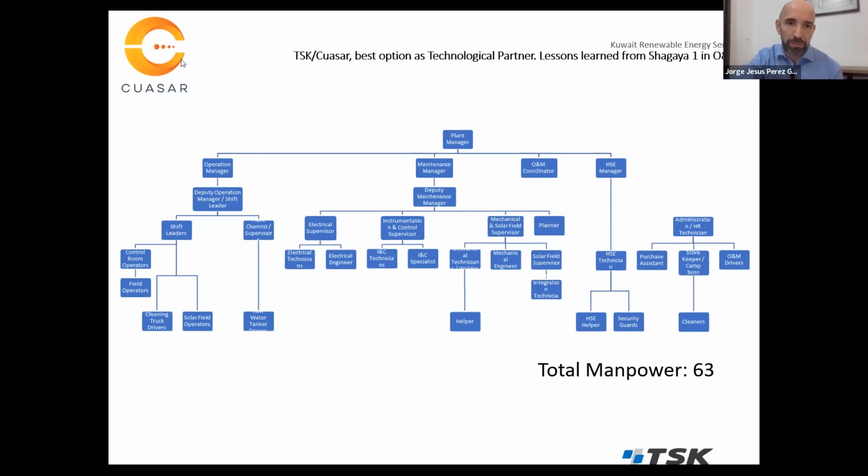You can see in the hierarchy normal things as operation manager, maintenance manager, operation and maintenance coordinator, health and safety manager, etc. Shift leaders, maintenance technicians, but also you can see several things that maybe is special due to the conditions that we were seeing before, as operation and maintenance drivers, water truck drivers, because we need to supply with water, cleaning truck drivers, because you have to keep the solar field working efficiently. Now you have someone in purchase with logistic experience. So this is based on the challenges that we were seeing before.